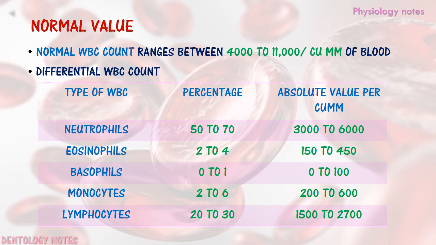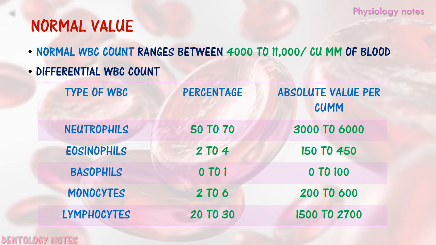Normal value. Normal WBC count ranges between 4,000 to 11,000 per cubic millimeter of blood. Differential WBC count: type of WBC, percentage, absolute value per cubic millimeter. Neutrophils 50 to 70%, 3,000 to 6,000.